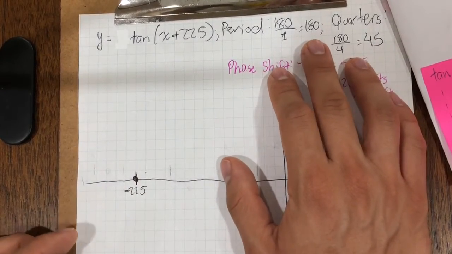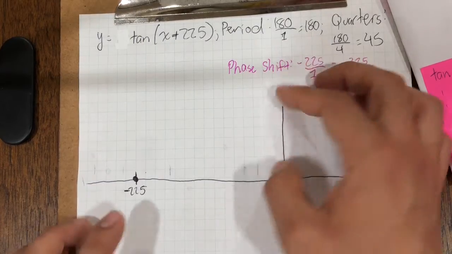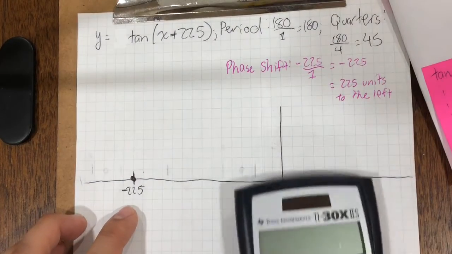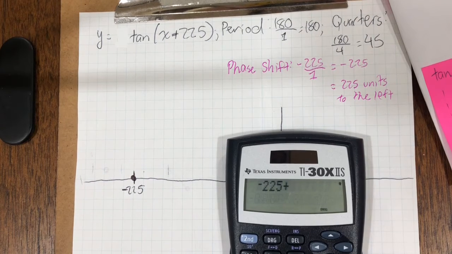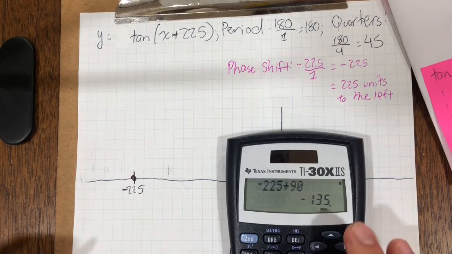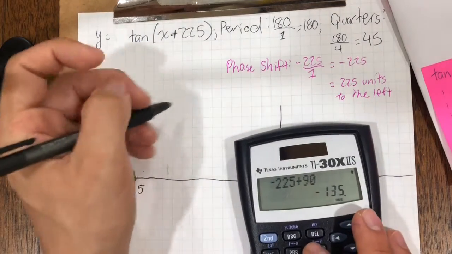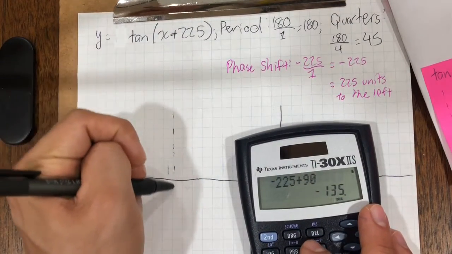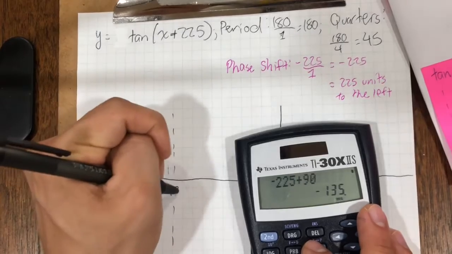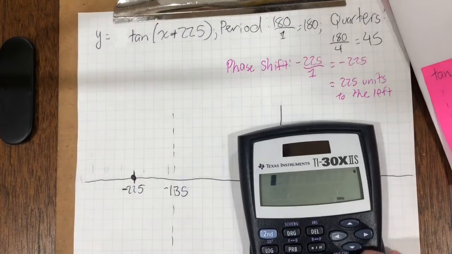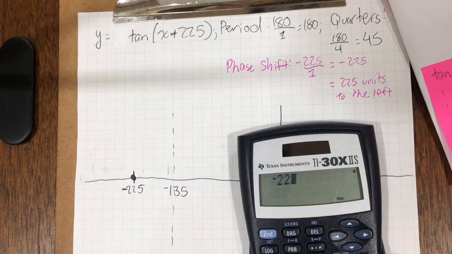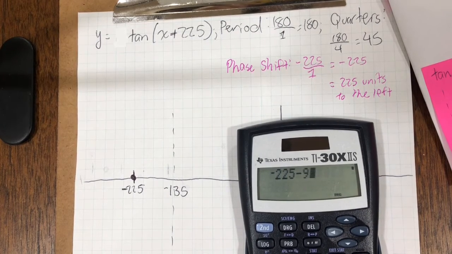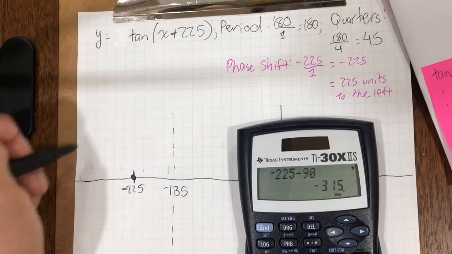Half of 180 is 90. I'm going to take negative 225 and add that to 90, and that's going to give me negative 135. So I have negative 135 over here. And then for the left side of negative 225, I take negative 225 and subtract 90, and I end up with negative 315.